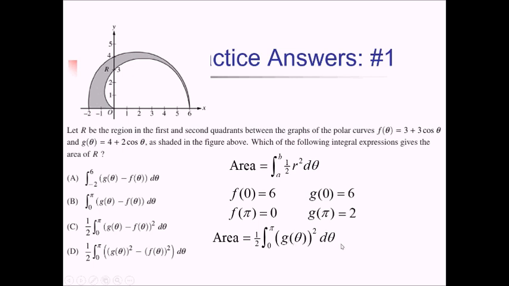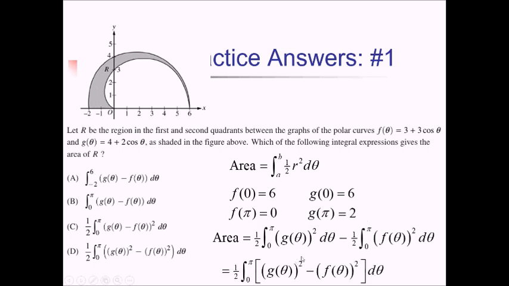Now I subtract the inner area, 1/2 times the integral from 0 to pi of f of theta squared. That's none of the answer choices, so I have to combine these. Since both have a 1/2, I can factor that out and write 1/2 integral from 0 to pi of g of theta squared minus f of theta squared, d theta.